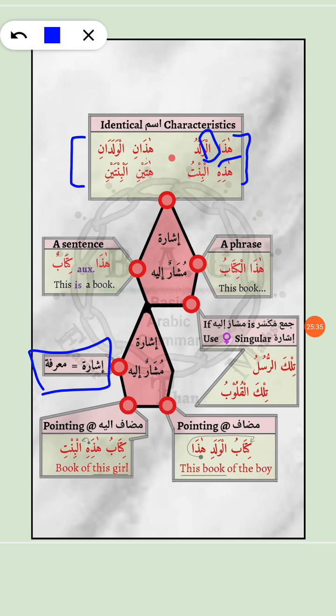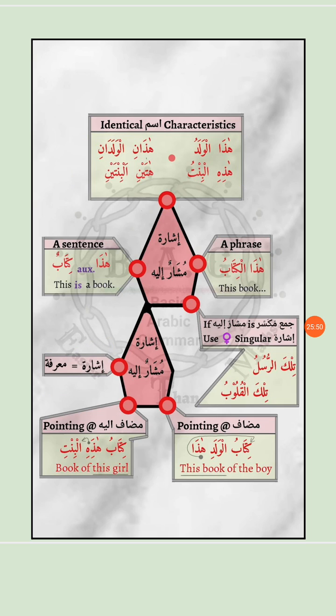This boy, okay. And of course, hazanil waladani. What does this show? This is the ani sound. All right, so I'm going to leave that to you because we have already covered it. Okay, just notice how the ism characteristics are identical over here. Okay, you can pause the video and study these examples at great length, if you want.